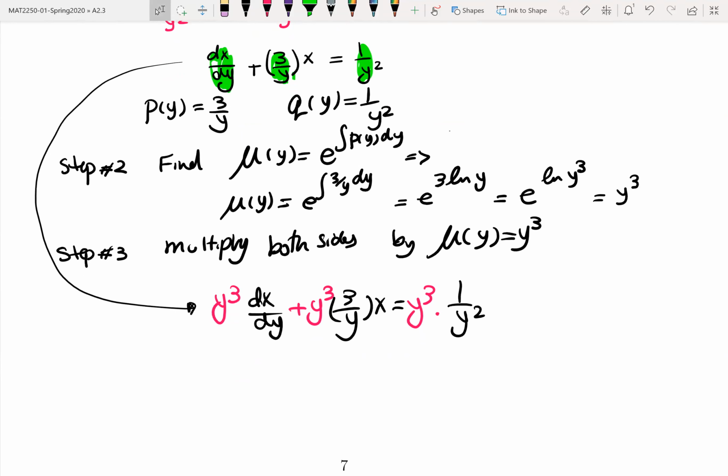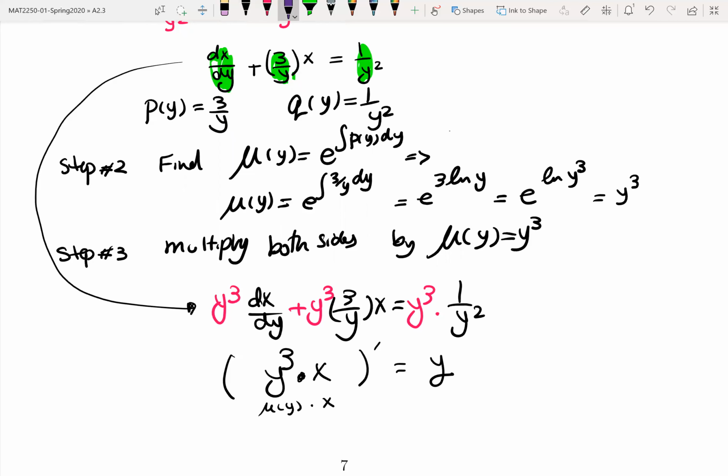And then we know the left side is going to be the product of the mu of y times x, because now every single x is replaced by y. It was originally mu of x times y, now it is mu of y times x. So mu of y is y cube, and then x is just x. This is my left side.